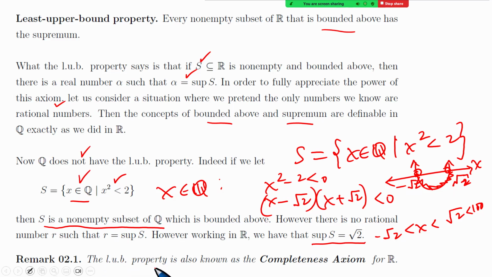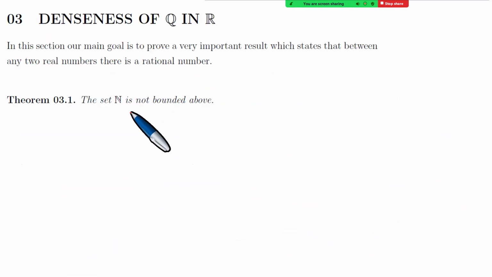Okay, let's look at this remark here. The LUB property is also known as the completeness axiom for R. Let us discuss the completeness axiom for R. These are like basics. But first, the denseness of Q in the real numbers.